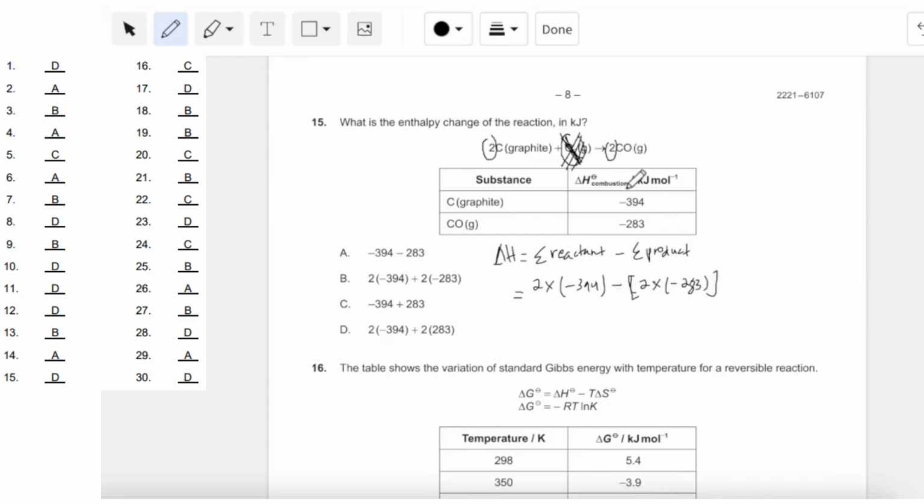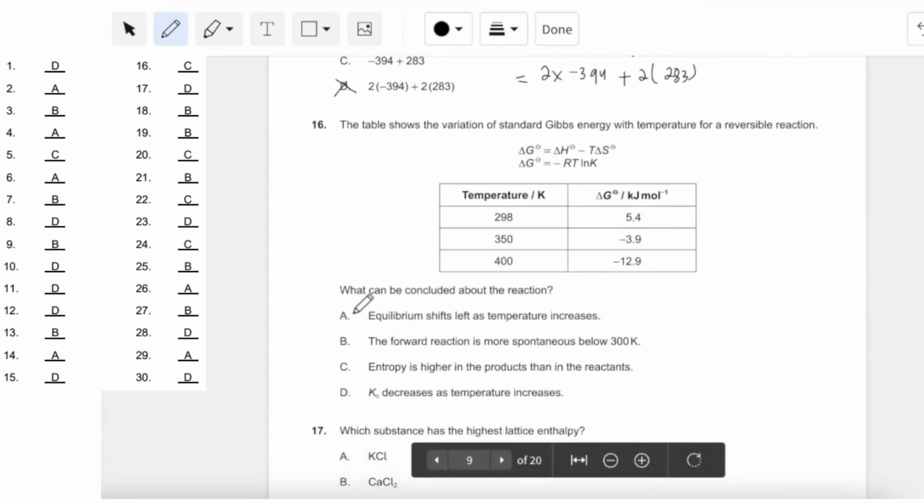Why 2? Because CO also has 2 here. So 2 times negative 394, and it becomes plus because of the negative here and then the negative here, so 2 times 283. So the answer will be D.